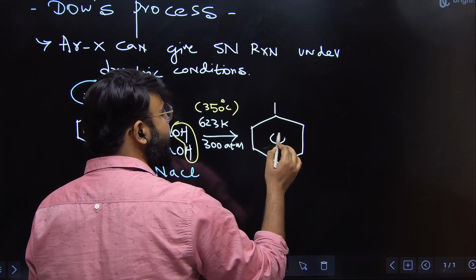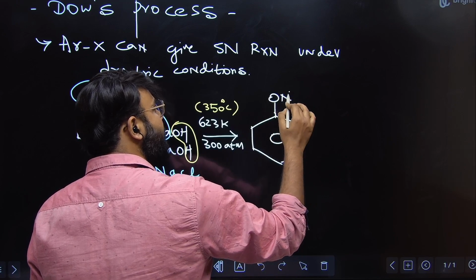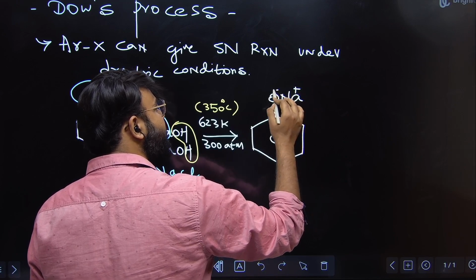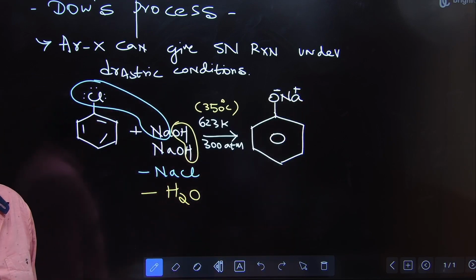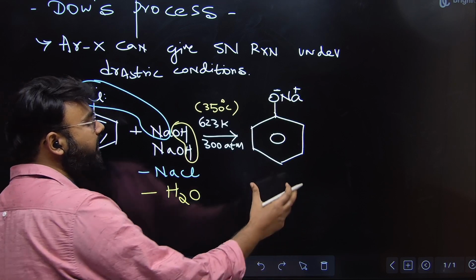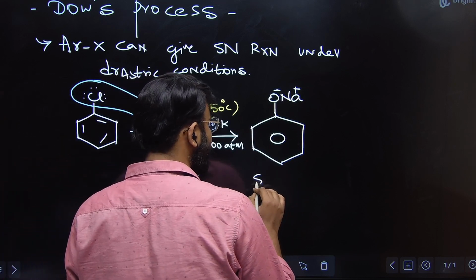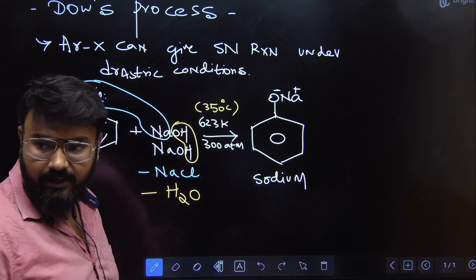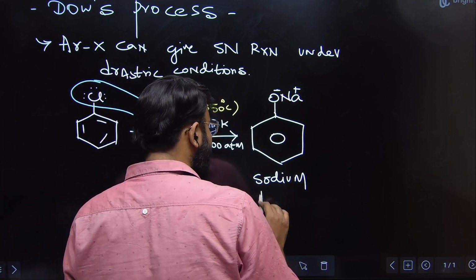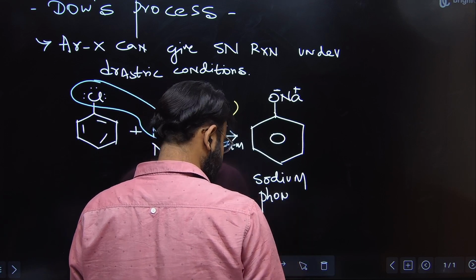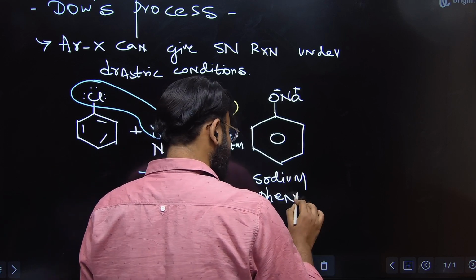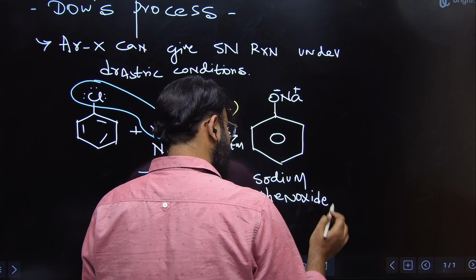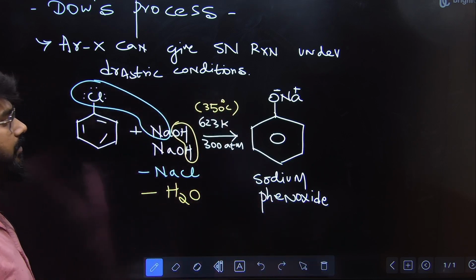So understand here, O minus Na plus. That is what you'll get. Intermediate, right? We call it as, what's the name here? Sodium phenoxide, okay, very good.